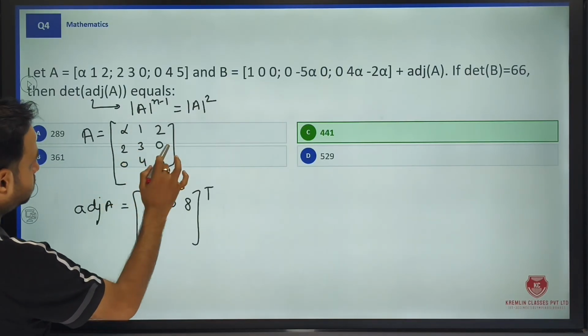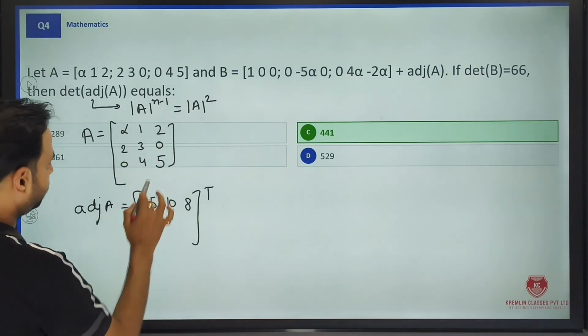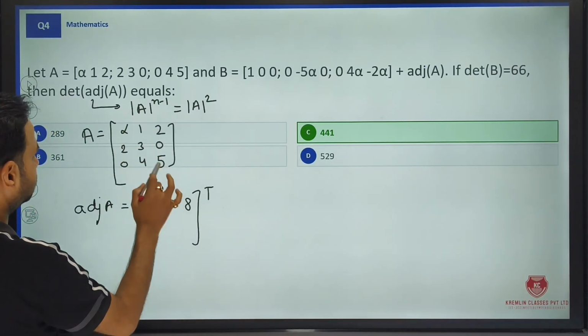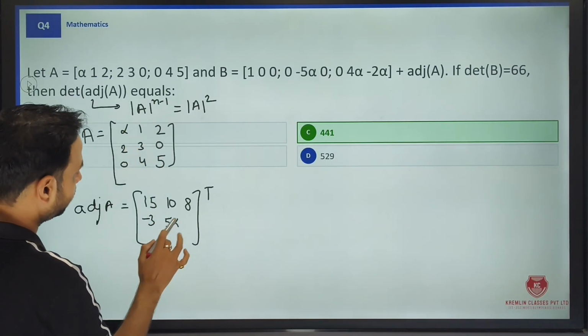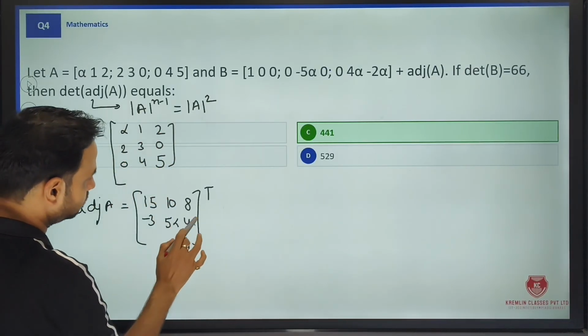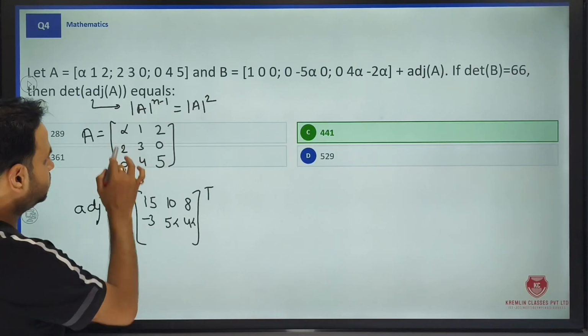this go, 5 minus 8 minus 3, 5 alpha, then last 4 alpha. Okay, now again it is 0.